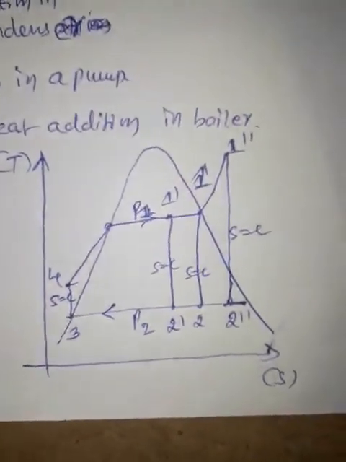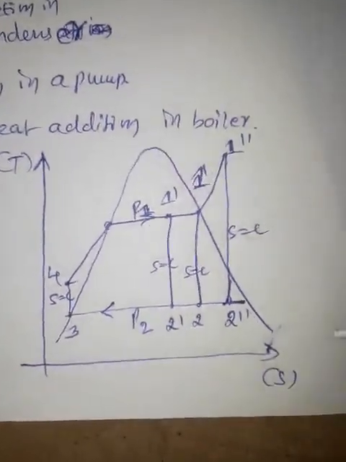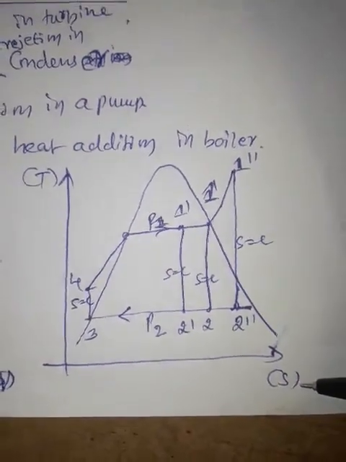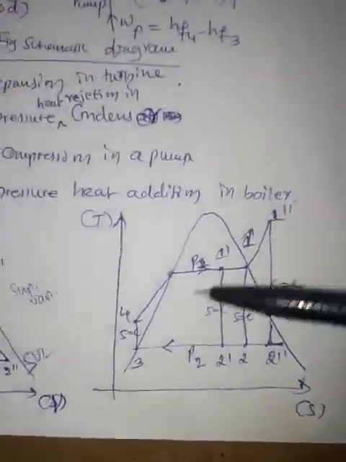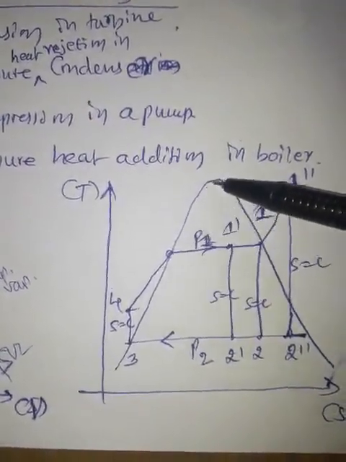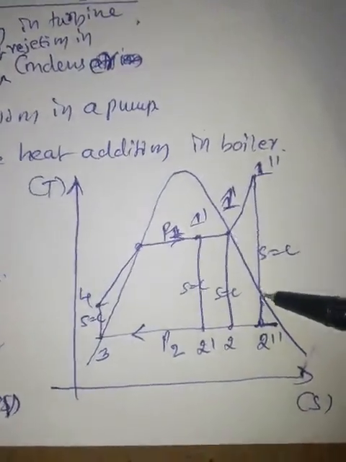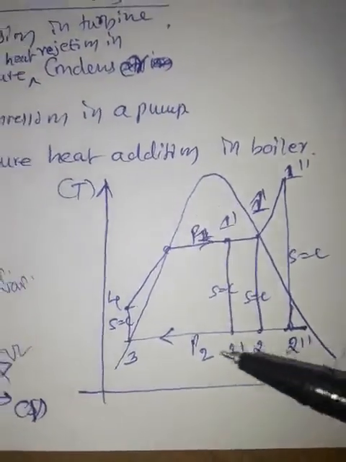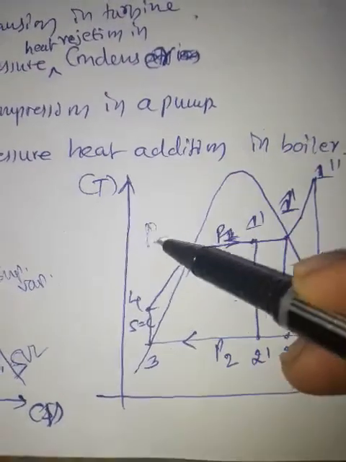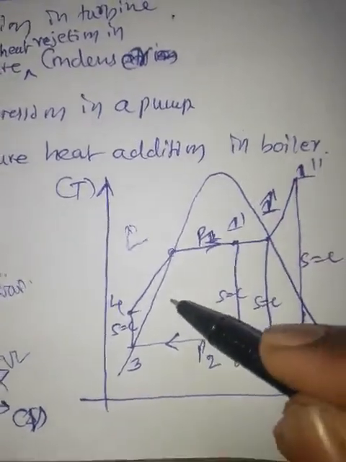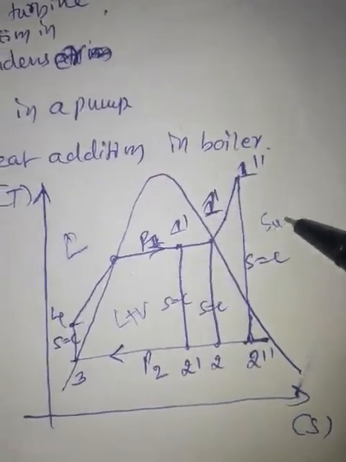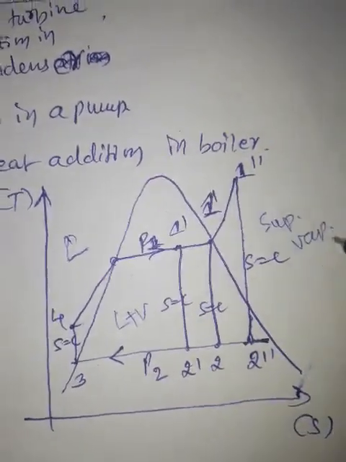Coming to the TS diagram, the temperature entropy diagram. Here again we have the vapor dome. This is the saturated liquid line, and this is the saturated vapor line. Here it is the liquid region, here the liquid plus vapor region, and here we have the superheated vapor region.